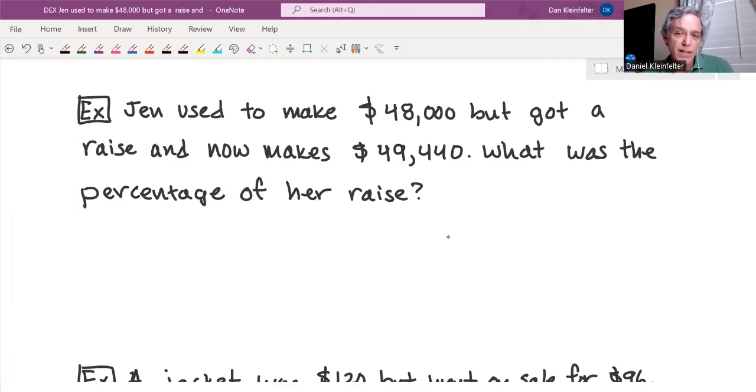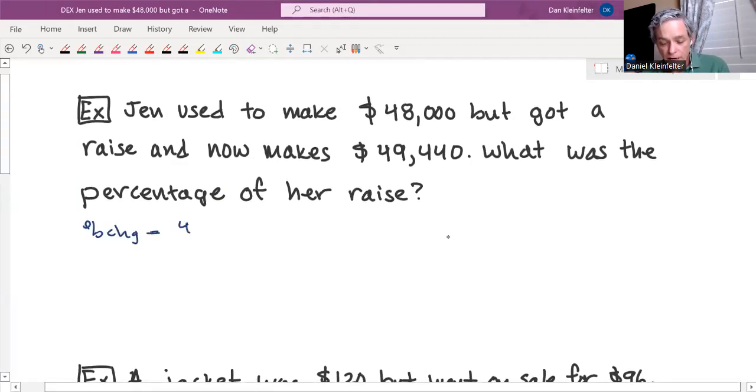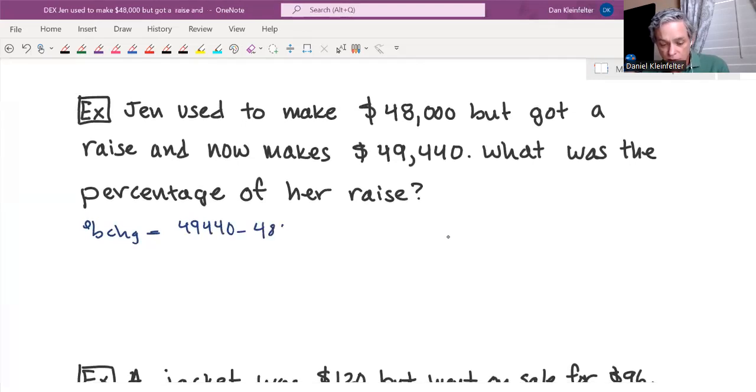Did she get a 2% raise, a 3% raise, 5%? What did she get? What she makes now is the $49,440. What she used to make was the $48,000.